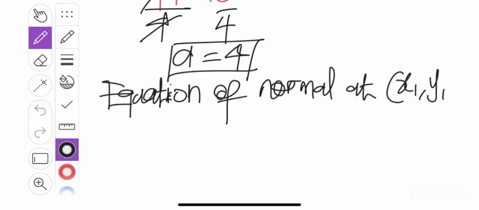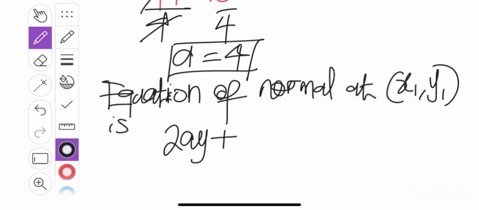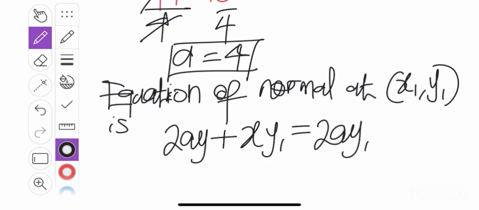So the equation, if you recall, is 2ay plus x y1 equal 2ay1 plus x1 y1. So that's the equation of the normal.